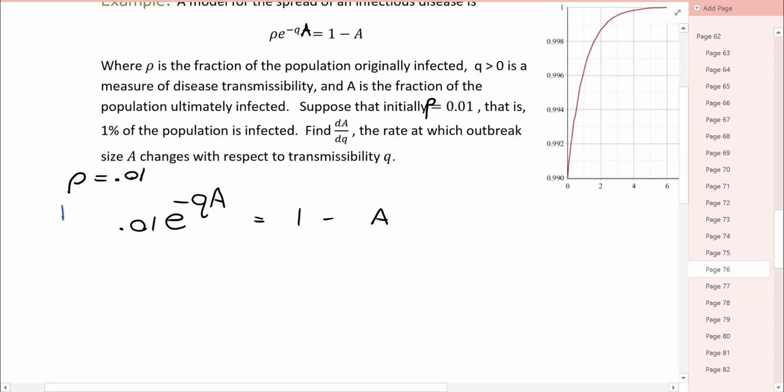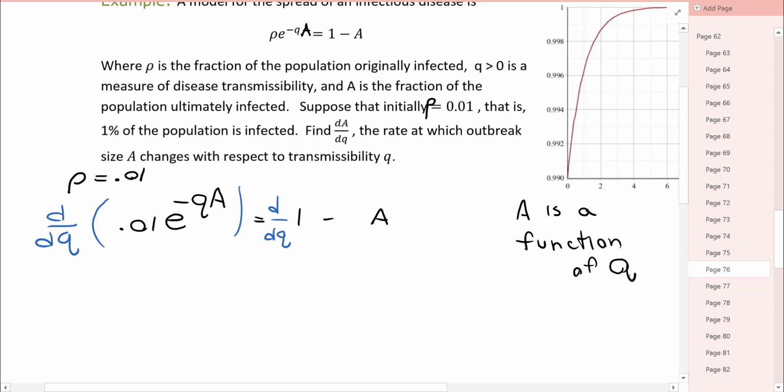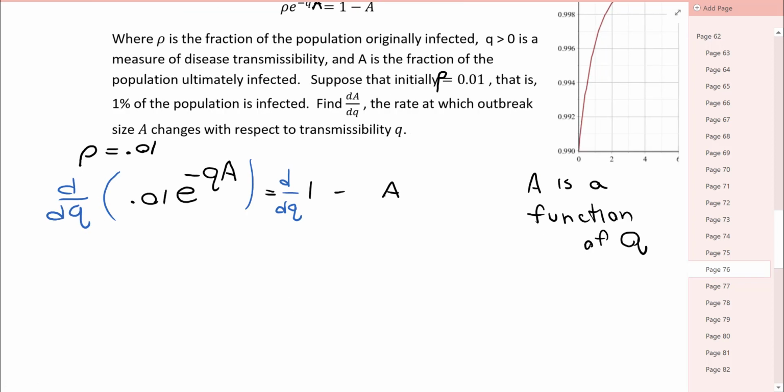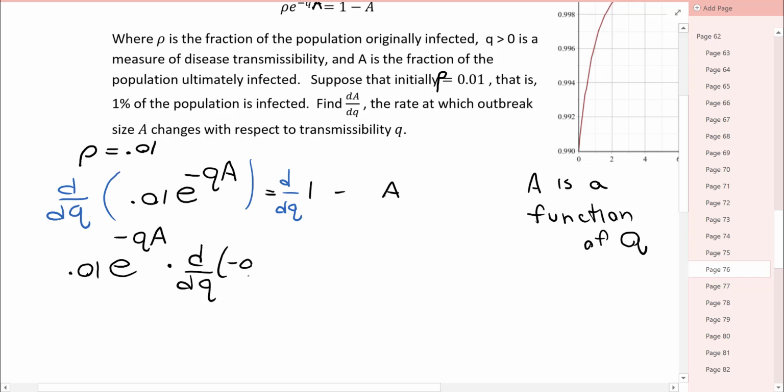So we'll come along and we'll go d by dq of both sides. We're imagining A is a function of Q. Okay, so on the left-hand side, we'll have to use the chain rule, e to the minus QA, and then times d by dq of minus QA.